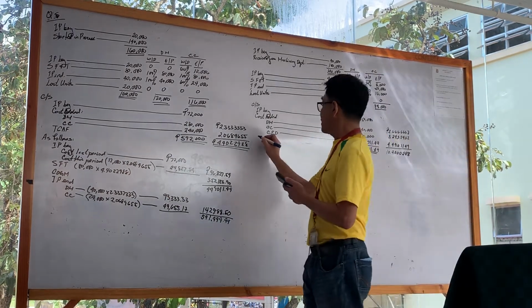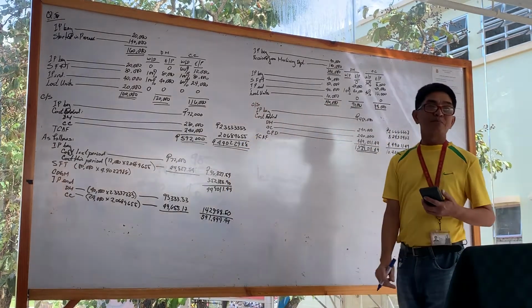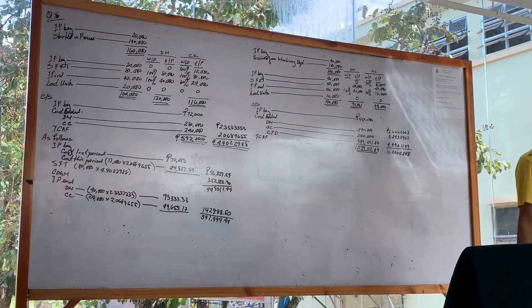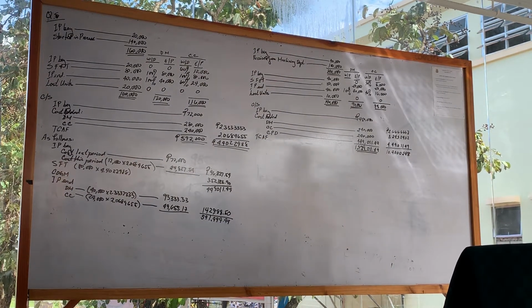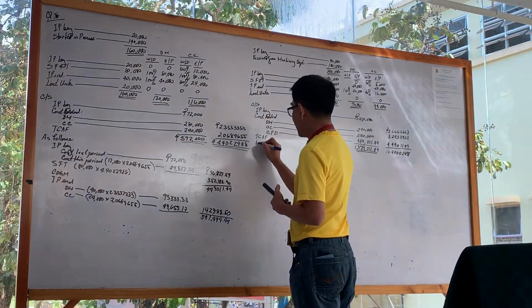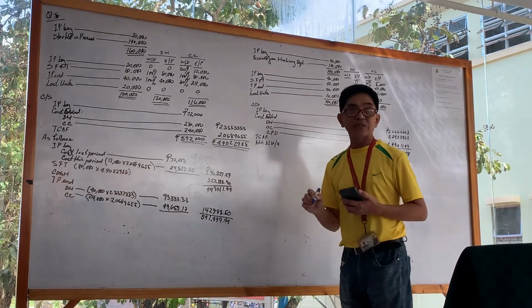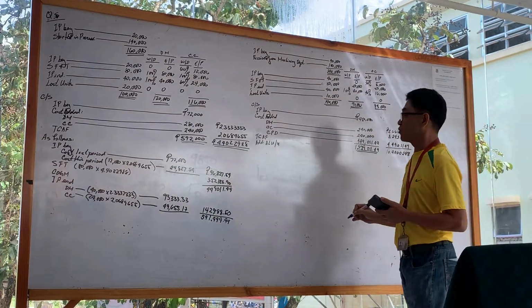This is your TCAP. But since the lost units happen at the start of the process of the second department, TCAP should include an adjustment for lost units per unit computed as follows.